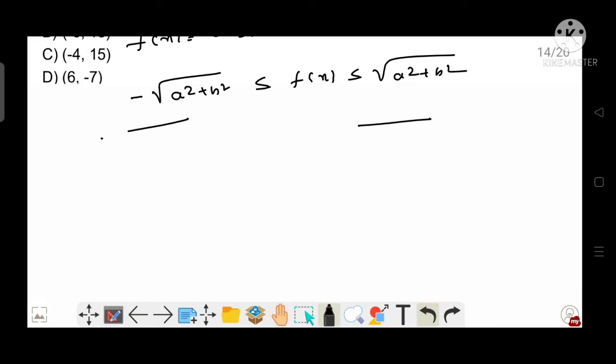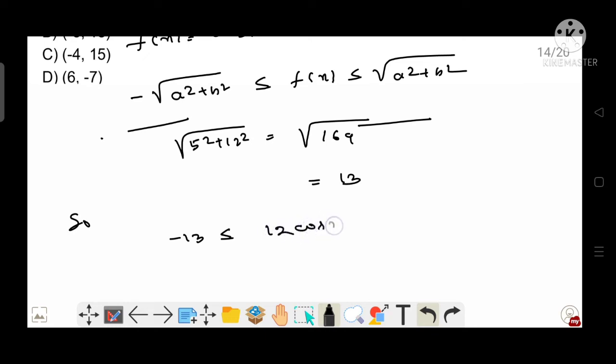So root over of 5 square plus 12 square, this means root over of 169, which is 13. So minus 13 less than or equal to 12 cos x plus 5 sin x less than or equal to 13.